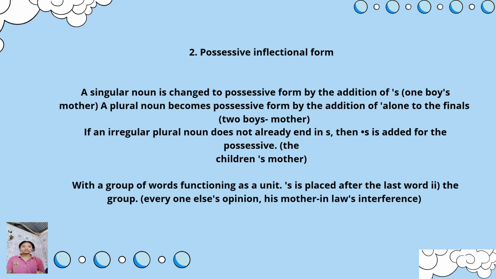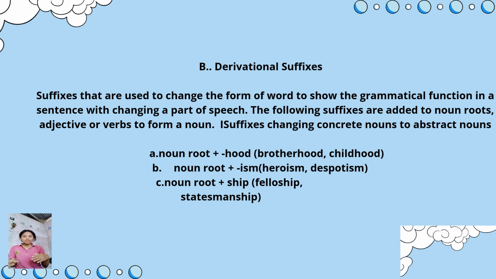With a group of words functioning as a unit, the apostrophe s is placed after the last word in the group, like everyone else's opinion, or his mother-in-law's interference. And we move to the next part about the derivational suffix.